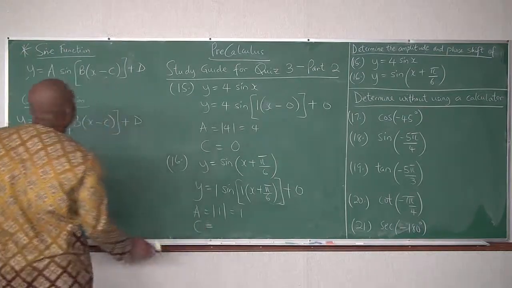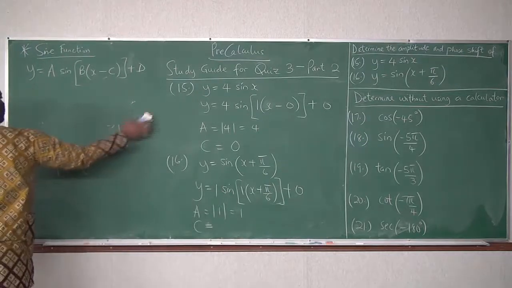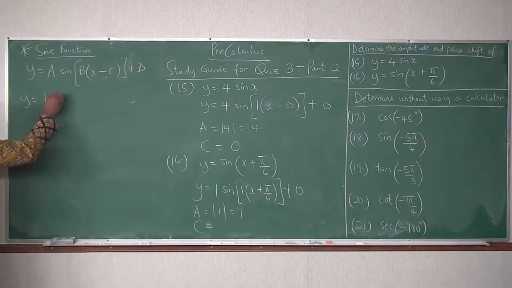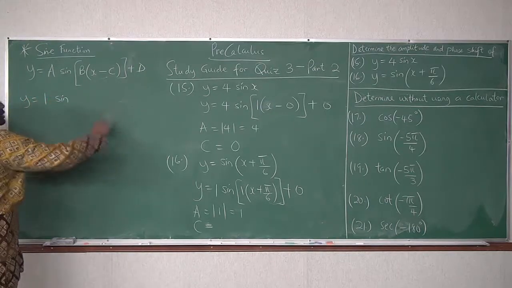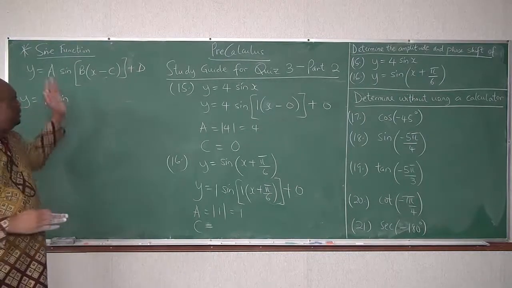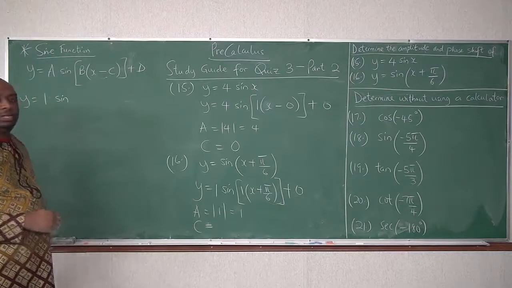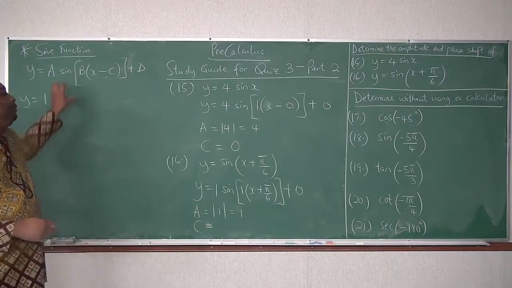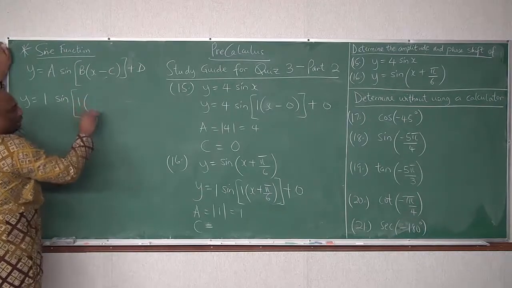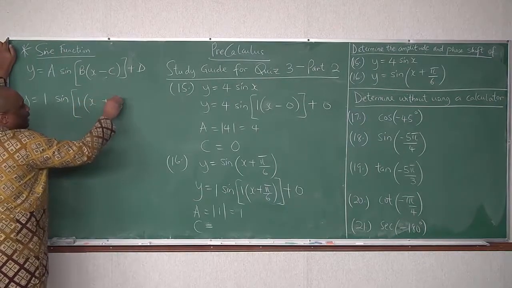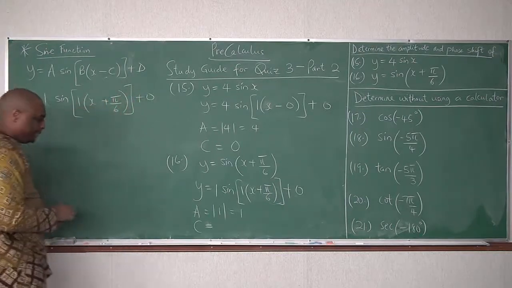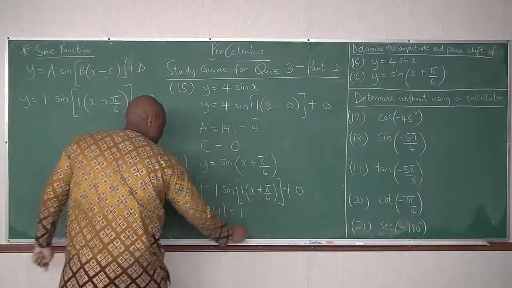This should be minus C. If you have y to be 1 sine, when you compare, you want to write it exactly under it. It is good practice. When you compare, you write it under it. 1 times x plus pi over 6, then plus 0.